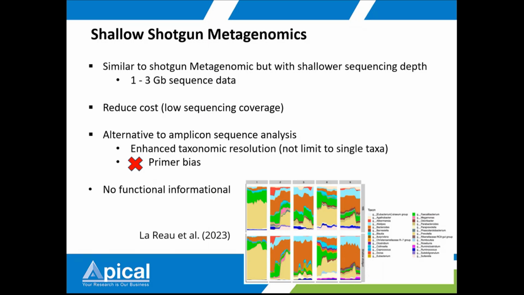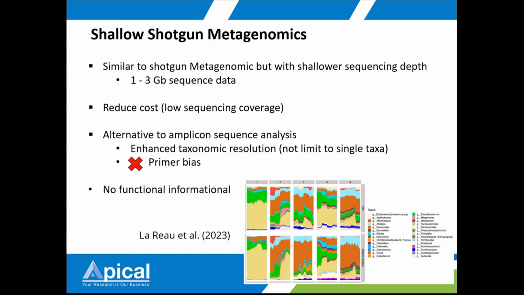What you can get from shallow shotgun metagenomics is taxonomy identification, similar to Amplicon sequence analysis, right? But even better, because with the Amplicon sequence analysis approach, you are limited to a single taxa, because you are limited to the primer that you use.